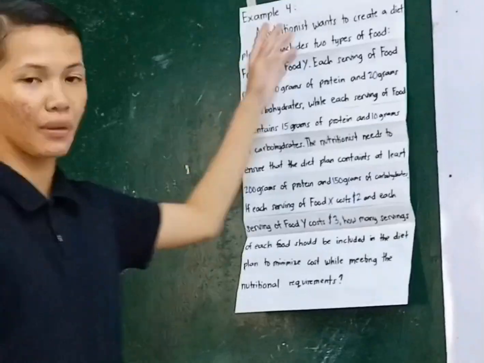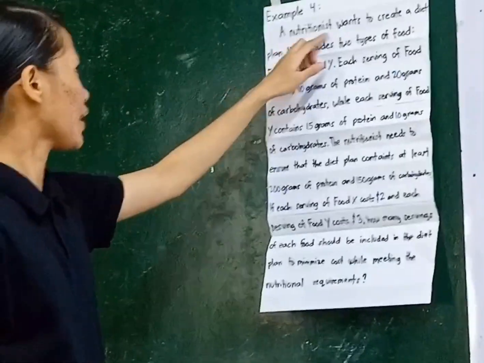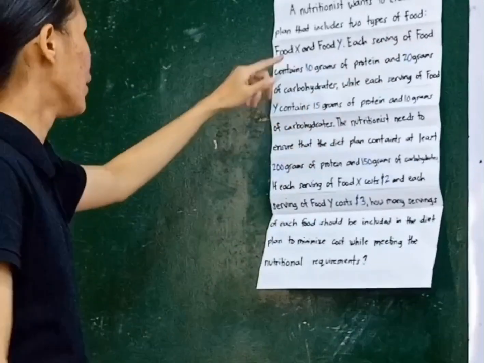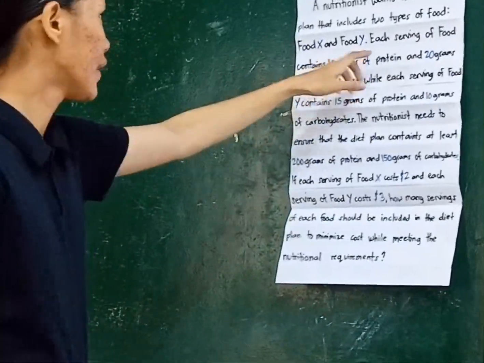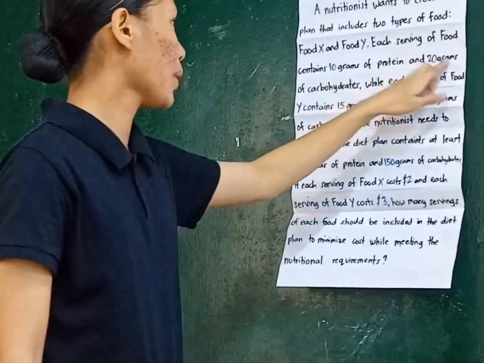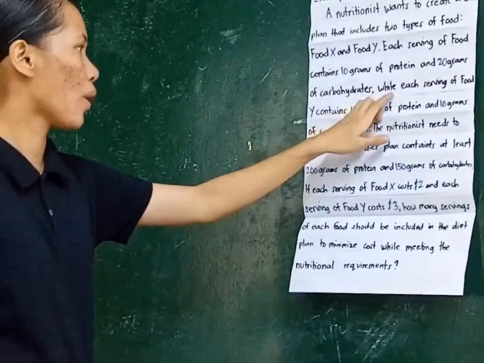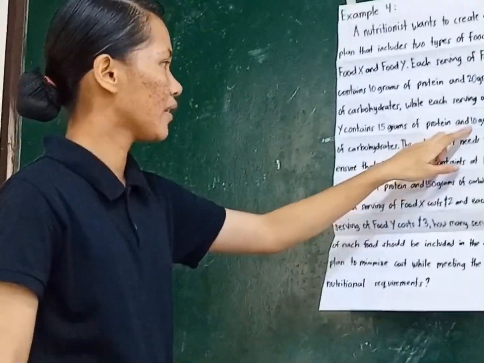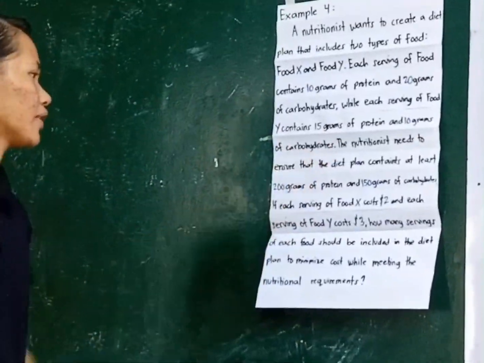Next example, which is number 4. A nutritionist wants to create a diet plan that includes 2 types of food, food X and food Y. Each serving of food X contains 10 grams of protein and 20 grams of carbohydrates, while each serving of food Y contains 15 grams of protein and 10 grams of carbohydrates.